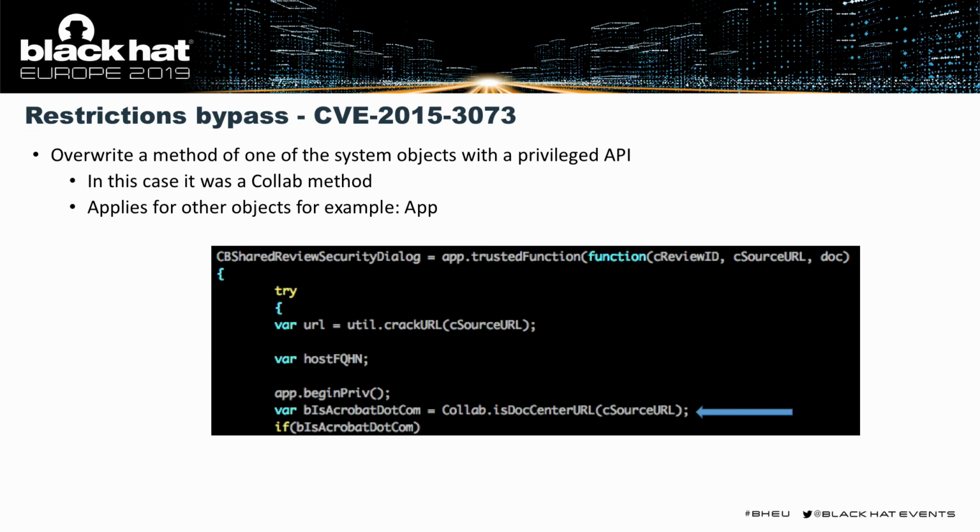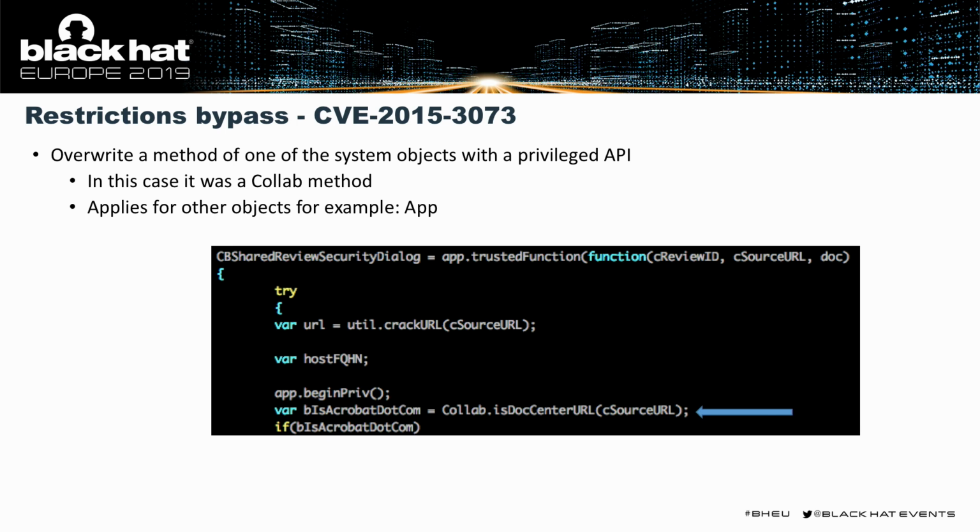That's the first step. So now let's talk about the escalation. As I mentioned, we have to find a function in that folder level script that's trusted and that has a begin and end priv block. And that's the first bug that we actually found, which is 2015-3073. It's a very simple bug. Remember, the engine back then was very weak, to a point where it allowed us to actually overwrite system objects. Technically, we should not be overwriting collab because it's a system object, but that bug allowed us to overwrite that specific object.